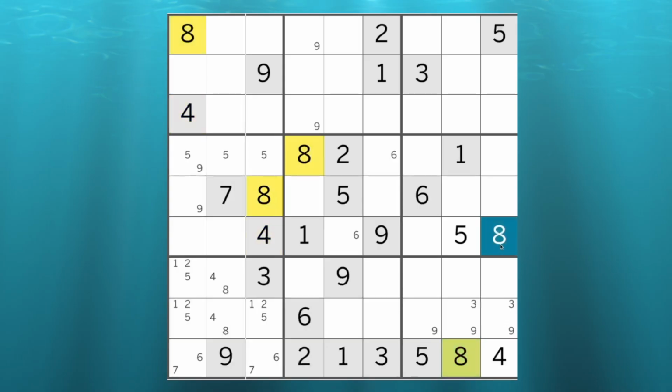So with these two 8s and that one, that means 8 has to be there. And these two, that one makes it 8 here. So these two means 8 has to be in one of those.